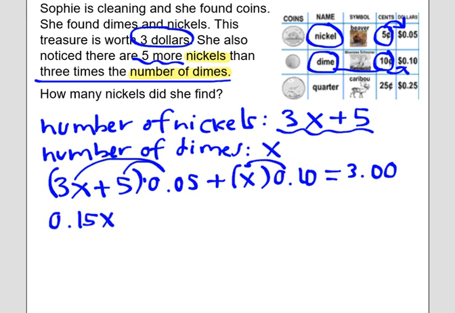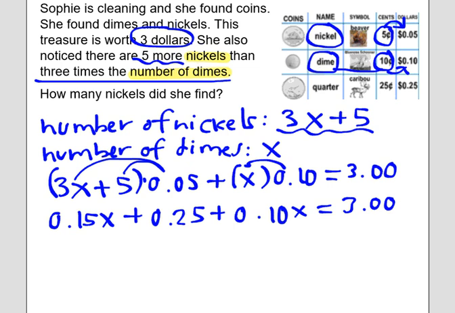So 0.15x, plus 5 times 5 cents. That's 25 cents, 0.25. Plus x times 0.10, I'm going to write it like this. And that is equal to $3.